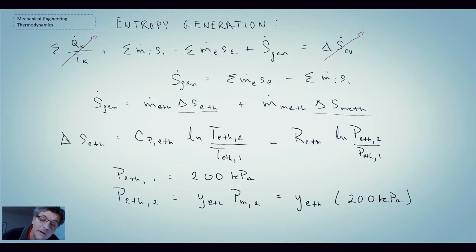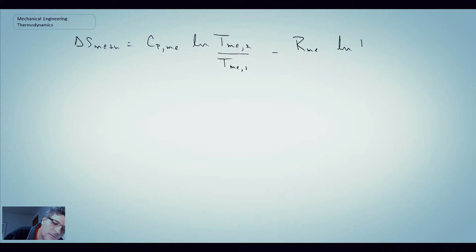And likewise, let's take a look at the entropy change for the methane. We know the state in was 200 kPa, and then conditions for the pressure leaving.